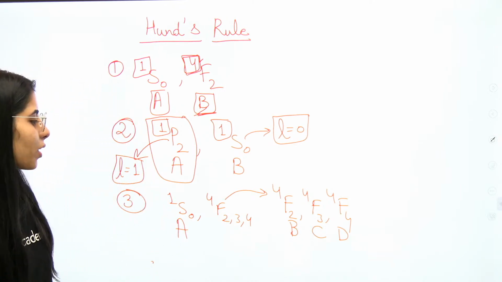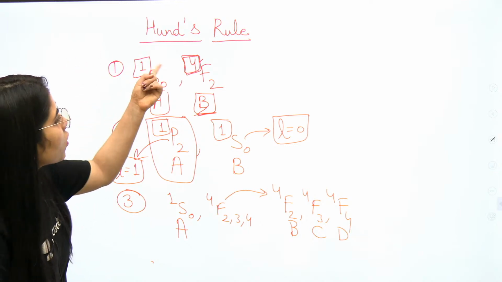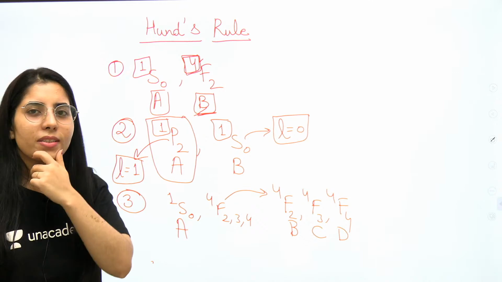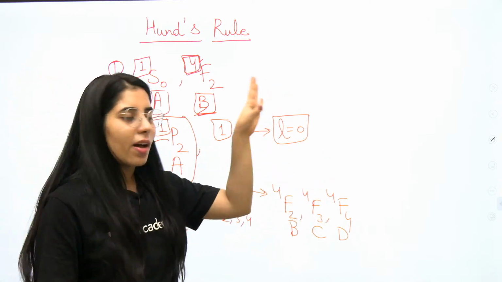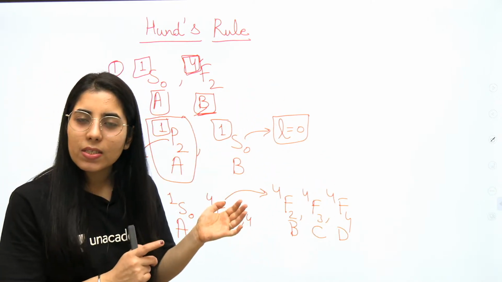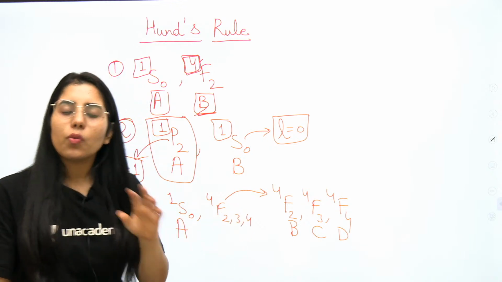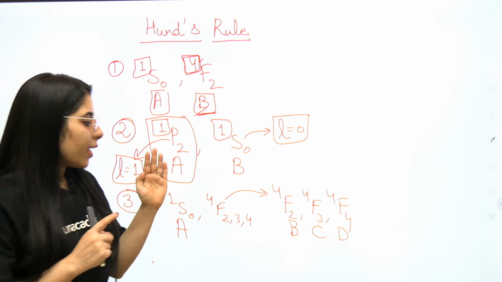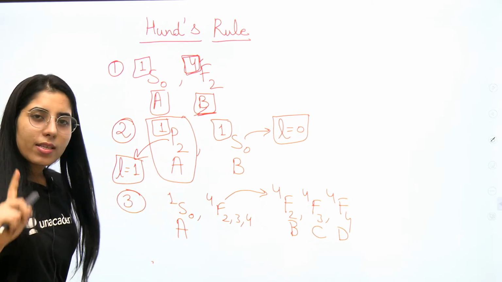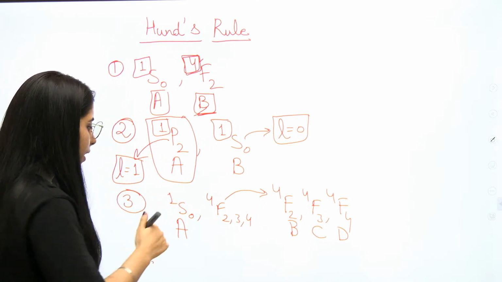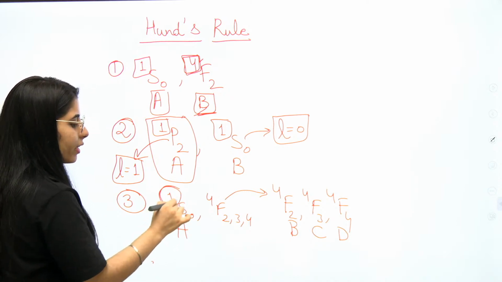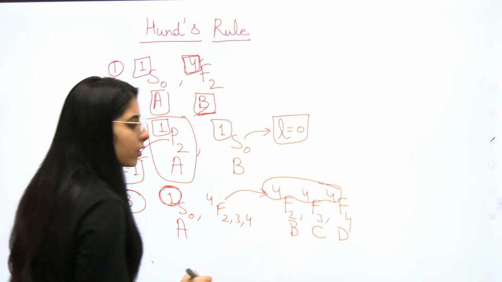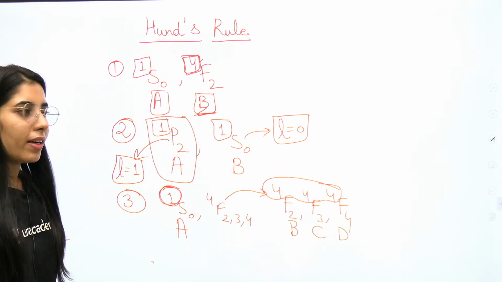Most of the students have considered, okay, largest 2S plus 1 is going to have the lowest energy, largest L is going to have the lowest energy. Now, largest J will have the lowest energy. It will be the case, but not always. So when it will be the case, let's talk about it. See, in this case, you have to answer with the J values, because if you compare the multiplicity, you are getting 3 terms, so you can't answer it.